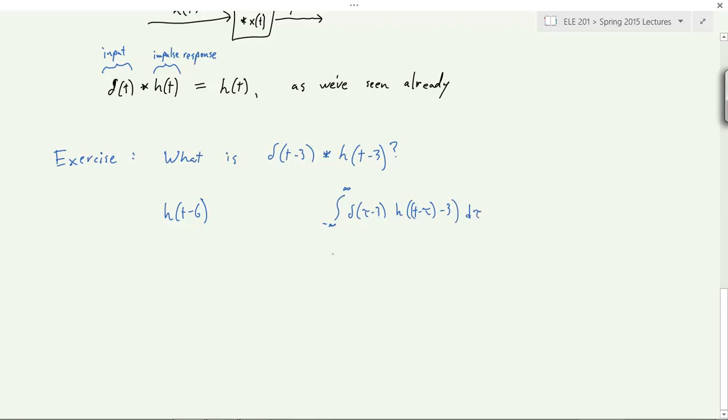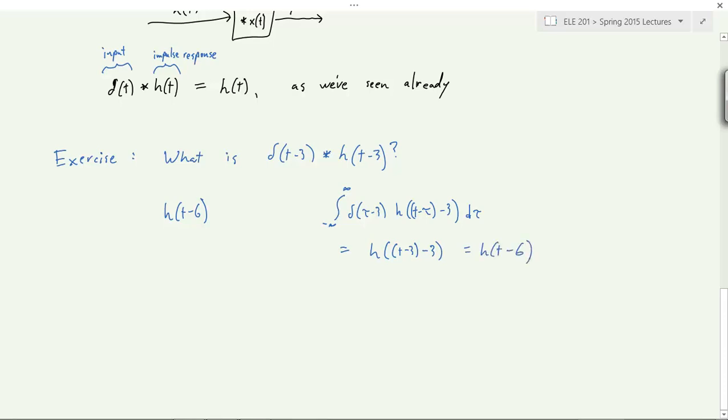That's the convolution integral. Now we should use the shifting property. Delta occurs at time 3, so this is just going to be h of, replacing tau with 3, t minus 3 minus 3, which equals h of t minus 6.